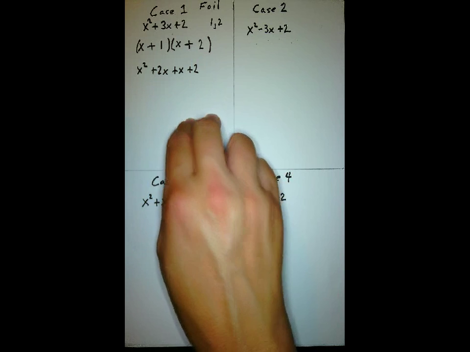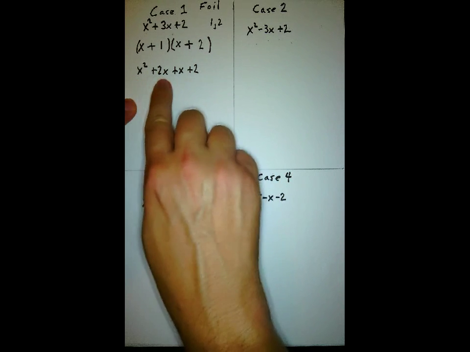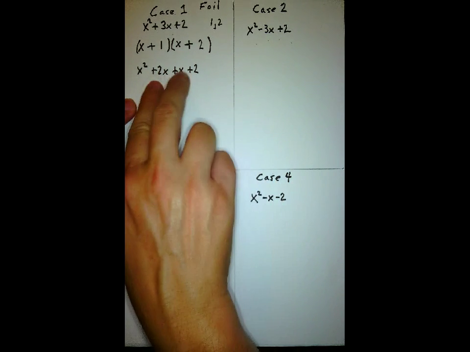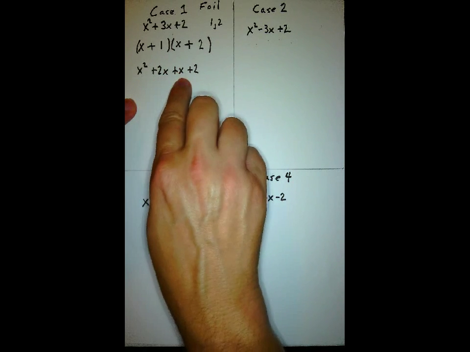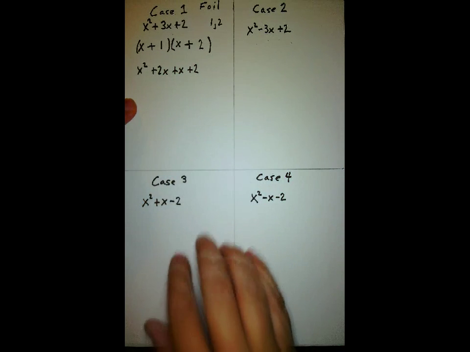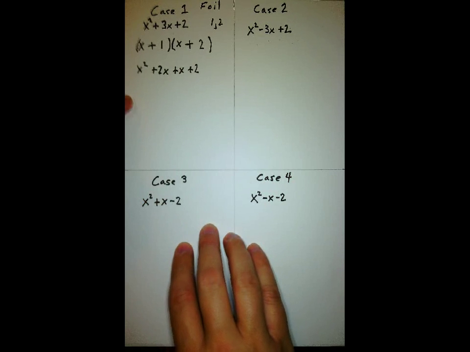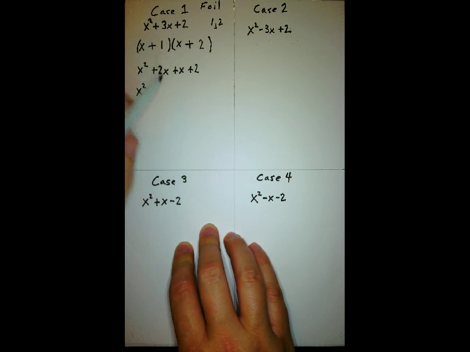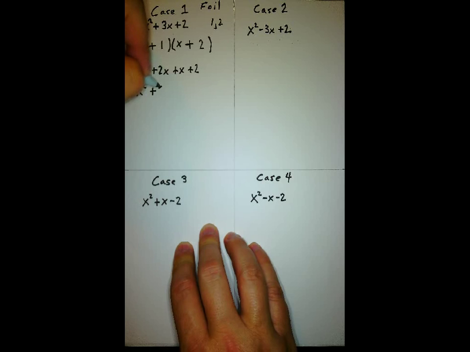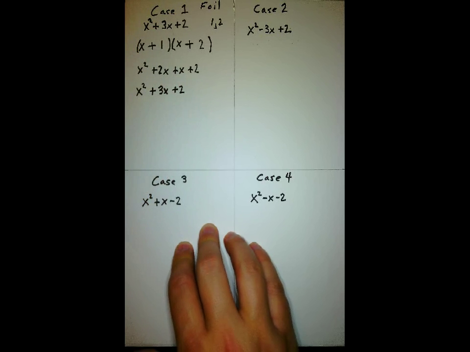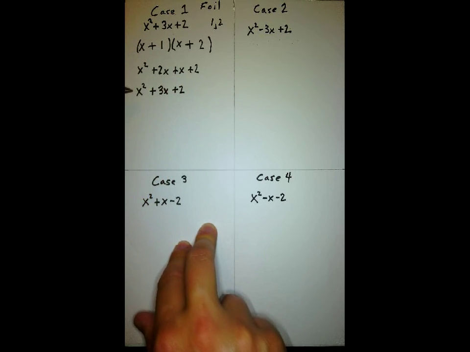is 2. Okay, we can see we have 4 terms now, but the 2 middle terms are x to the first power terms, so those are what we would call like terms, so we can combine those. 2x plus x is 3x, and then we still have the 2. Alright, so this is not part of the factoring.